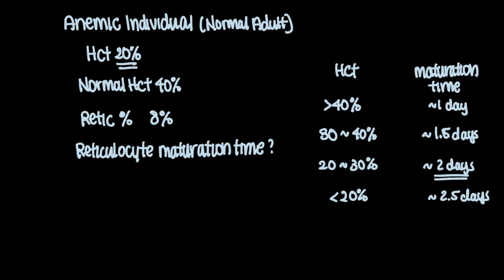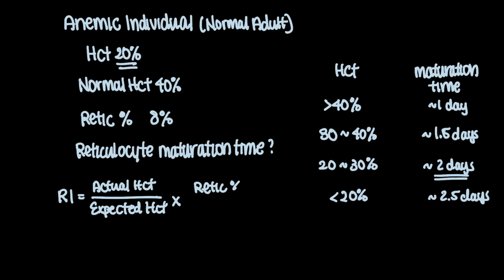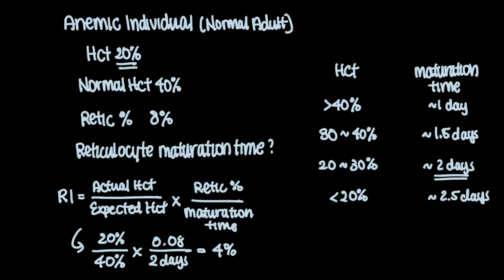If we go through the whole calculation of the reticulocyte index, we'll find that it is approximately 4%, which is greater than the 2 to 3% we discussed earlier. So that would suggest that there's no production issue, and thus we can rule out red blood cell production issues leading to the anemia and move on to the second part, where there may be an increased output, which means increased destruction or increased bleeding that is causing the overall state of anemia.